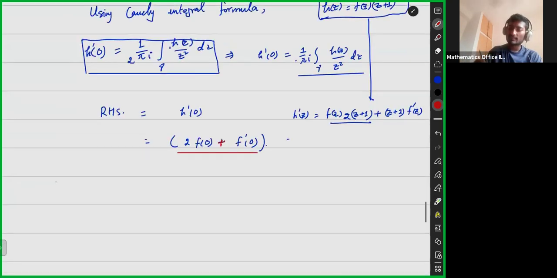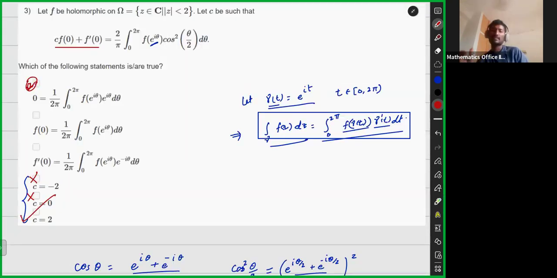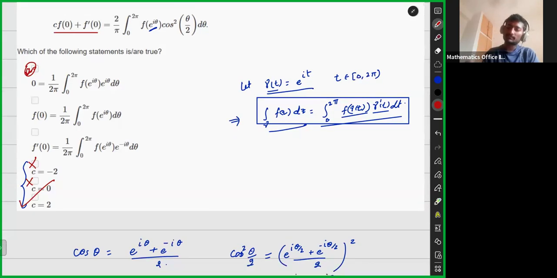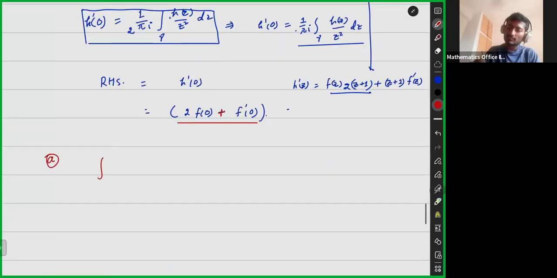A. What is that? Integral of f(e^{i theta}) into e^{i theta}. You just multiply and divide by i. What happens? So the integral of 1 by 2 pi, 0 to 2 pi, f(e^{i theta}) into e^{i theta} d theta. What I am telling you is that you multiply numerator and denominator by i.